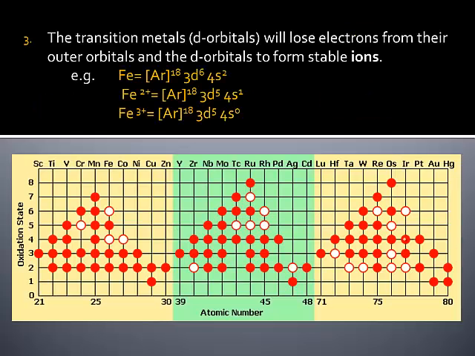So the transition metals, which have their d orbitals being the last ones full, will lose electrons from their outer orbitals, and the d orbitals form stable ions. And for lots of these, they can form ions that are stable in more than one way, and that's why we get multivalent ions.